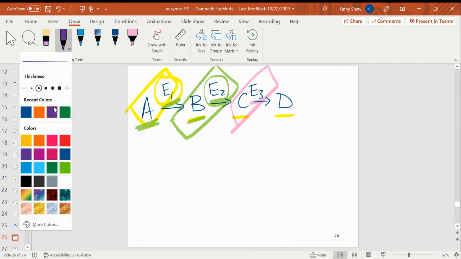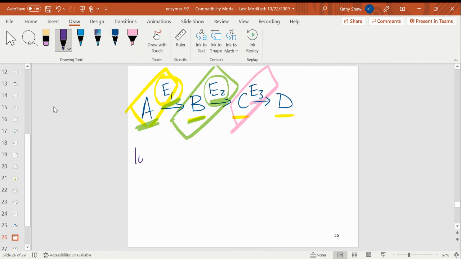So let's say lots of A activates E3. So this will just be an example. Lots of A activates E3. So you're going to look first at activates. So that's your positive.